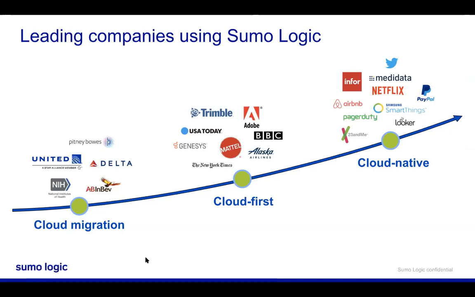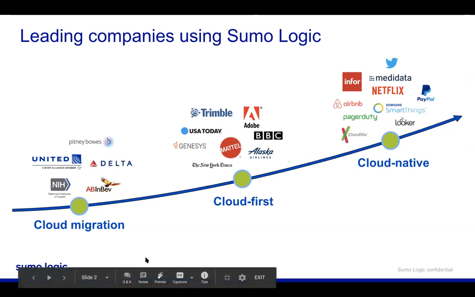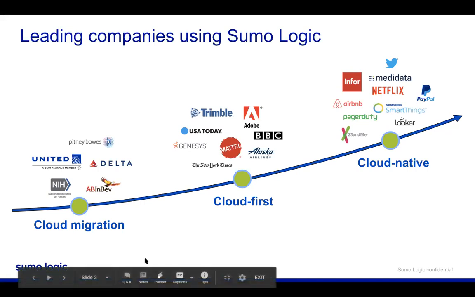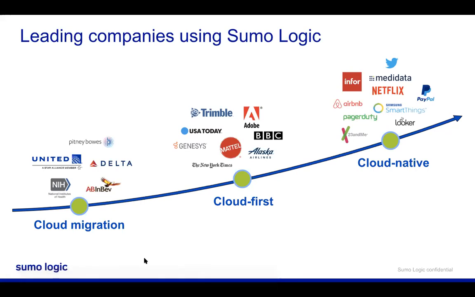So we've got a wide range of customers. So wherever you are in your cloud journey, whether you're starting all cloud and nothing but, or you're still migrating from on-premise to cloud, Sumo Logic has customers very similar to you.